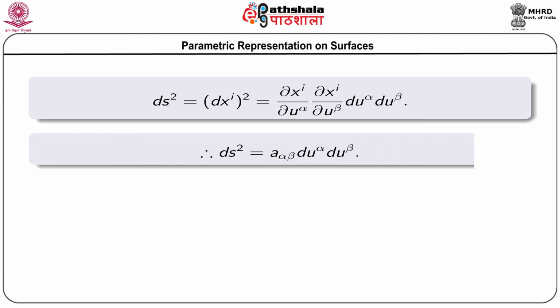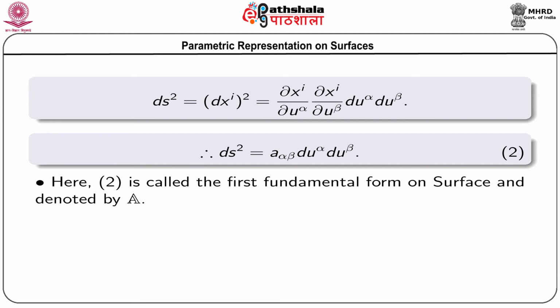Now, if we denote del xi del u alpha del xi del u beta by a alpha beta, then ds square can be represented by a alpha beta du alpha du beta.